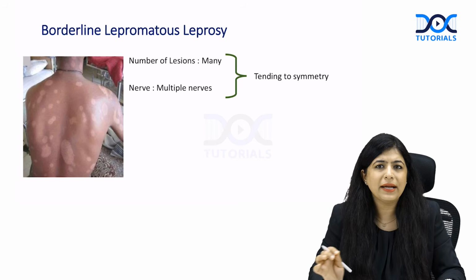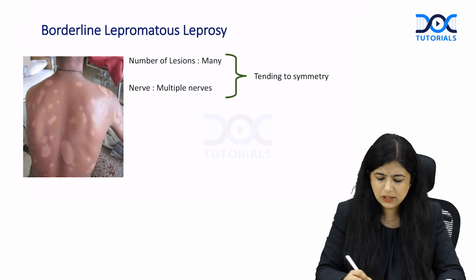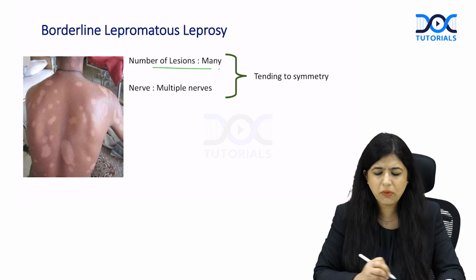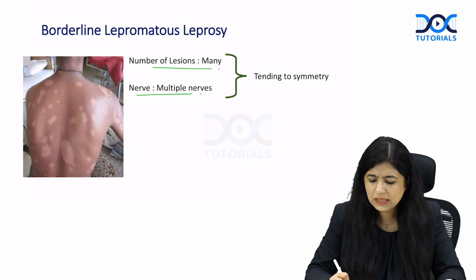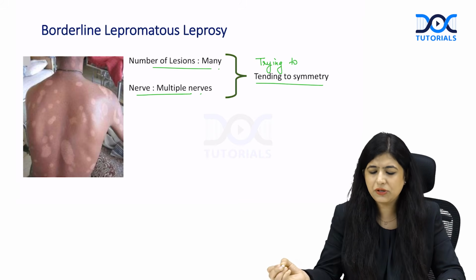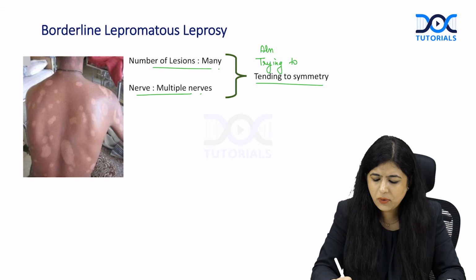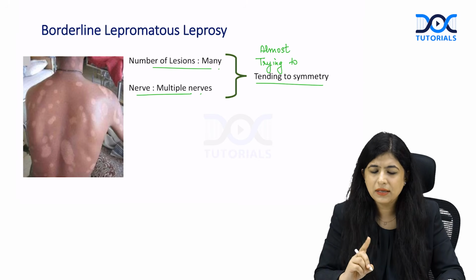Now, coming to borderline Lepromatous leprosy, the bacteria have increased. So you have multiple lesions over the body, multiple nerves have been enlarged. But remember, these are not yet symmetrical. They are tending to symmetry, means they are trying to be symmetrical. They are almost symmetrical, but not completely there.